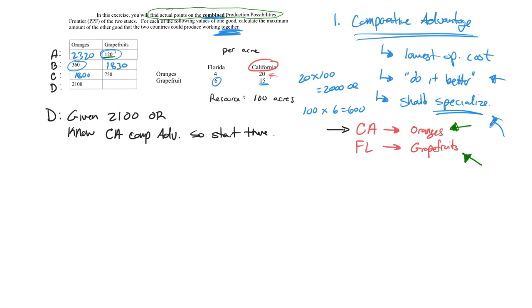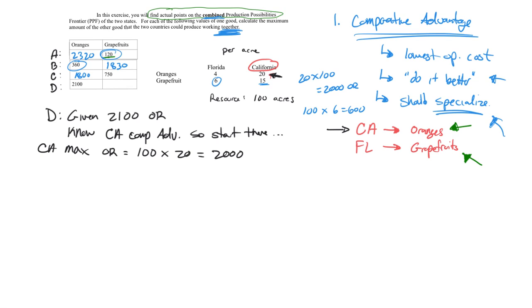Hopefully this is starting to make sense after a few different examples. Well, what do we know? California maximum oranges is going to equal 100 times 20, right? We have this 20 up here, 100 times 20, which is going to equal 2,000.